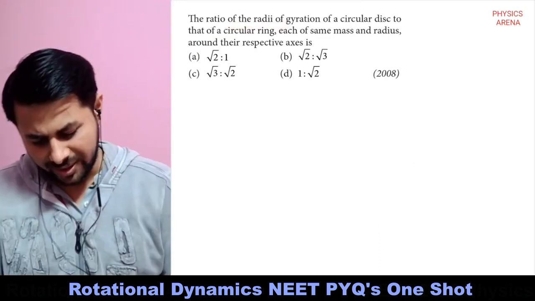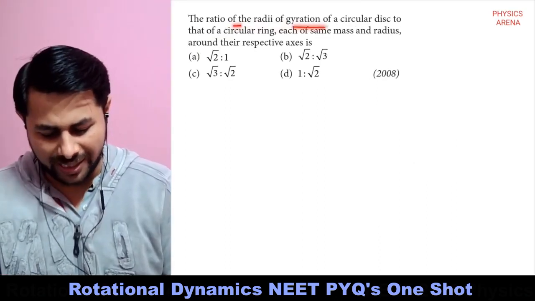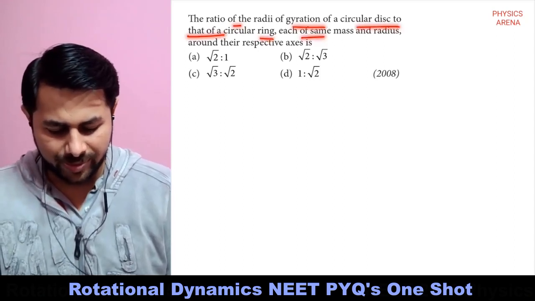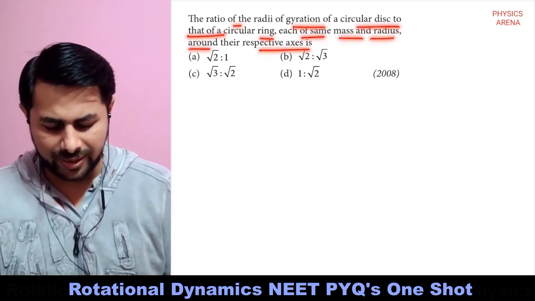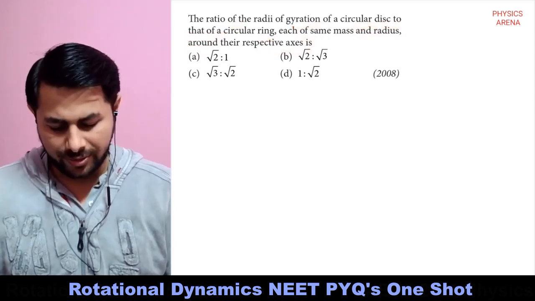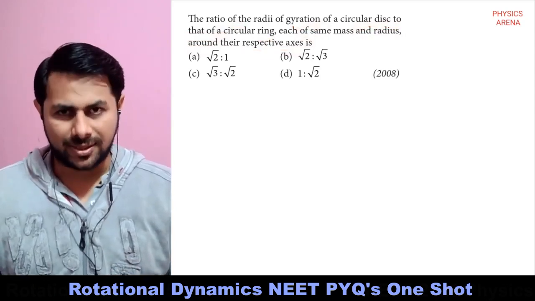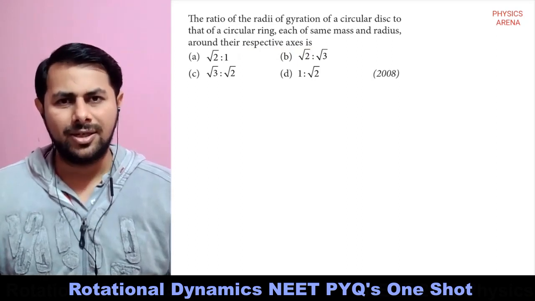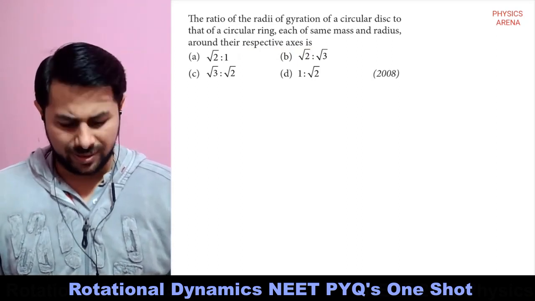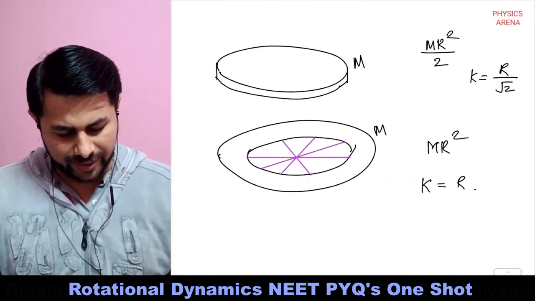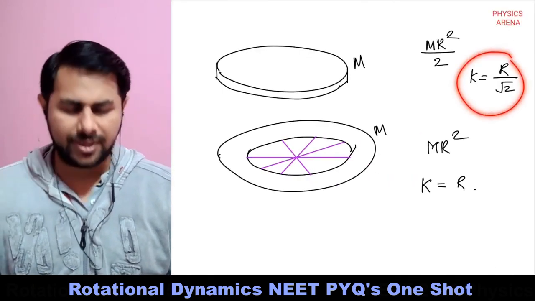The ratio of the radii of gyration of a circular disk to that of a circular ring, each of the same mass and radius, around their respective axis. When they say respective axis, it's always the natural axis. That means the perpendicular axis which passes through the center of mass. So we have solved this, right? For a disk, how much is the radius of gyration?